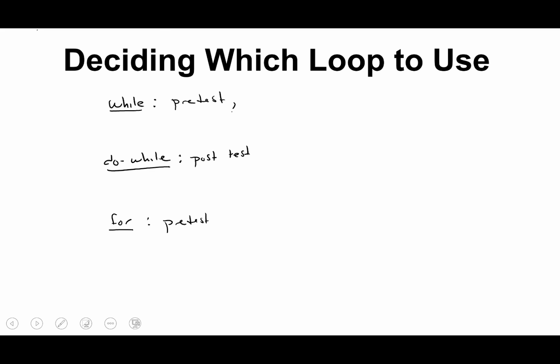So let's go back to the while loop. The while loop is a pre-test loop, so that means the while loop only iterates if a certain condition is true. And so while loops are good for validating user input. We've been using while loops a lot for that.